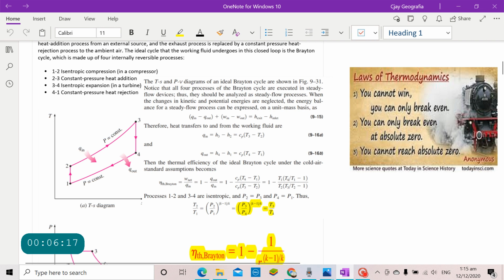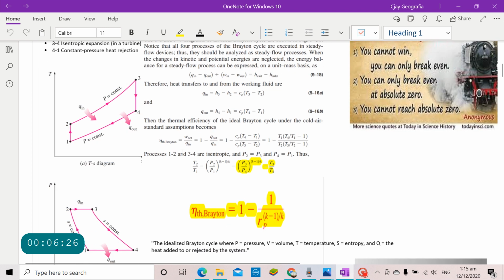Then the thermal efficiency of the ideal Brayton cycle under the cold air standard assumptions becomes: η_Brayton = W_net,out over q_in, which is equal to 1 minus q_out over q_in, equal to 1 minus Cp(T4 minus T1) over Cp(T3 minus T2), equal to 1 minus T1(T4/T1 minus 1) over T2(T3/T2 minus 1).